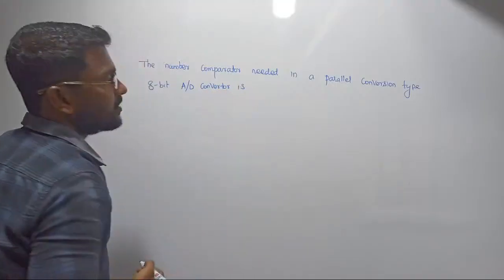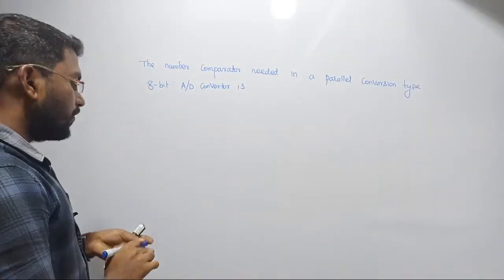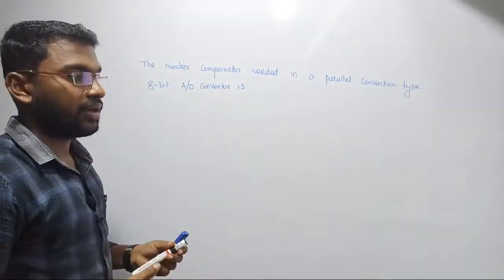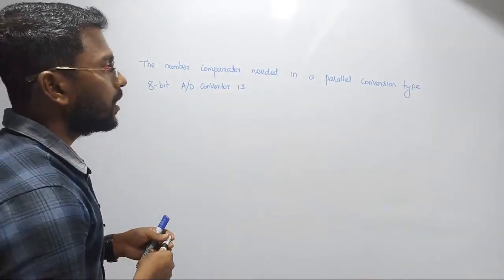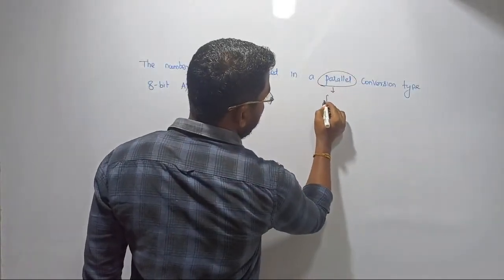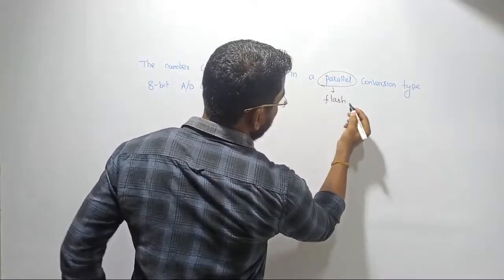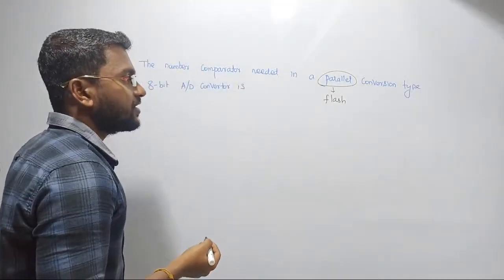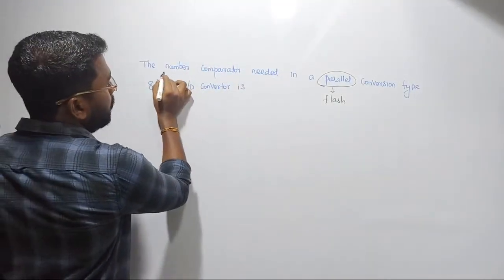I hope options are not required for this question, because we have seen in the ADC that flash type, or parallel, is what we are discussing. That is the analog to digital converter. We saw the formula to find the number of comparators.